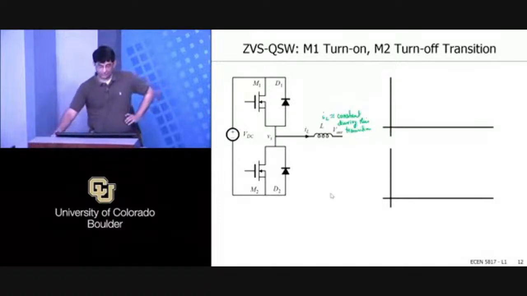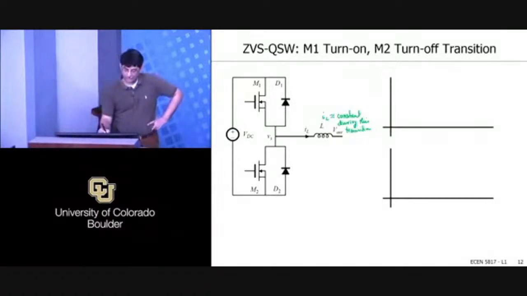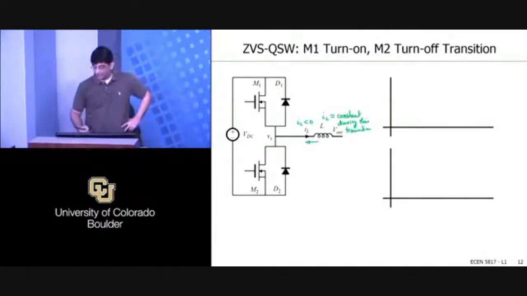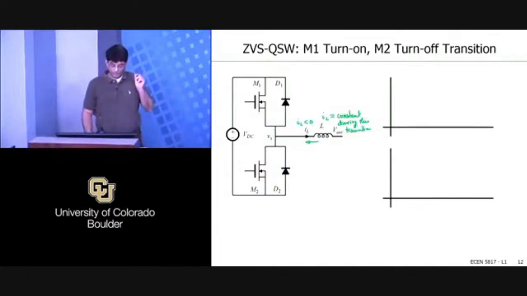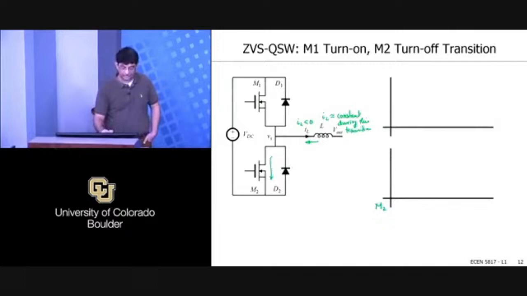However, now IL is negative, so it's actually flowing in that direction, because my IL is now less than 0. And so the state that I'm going from is M2 is on, and the current is now actually flowing through M2 in this direction. That's my beginning state.